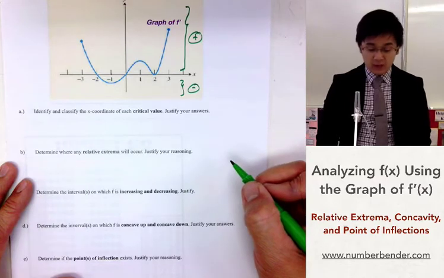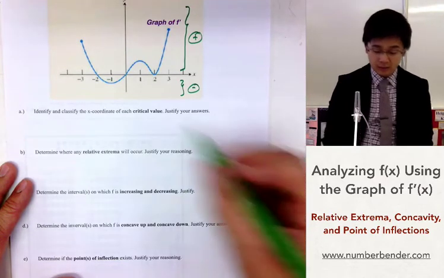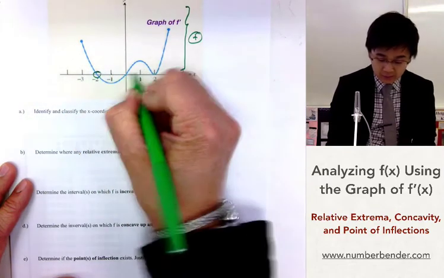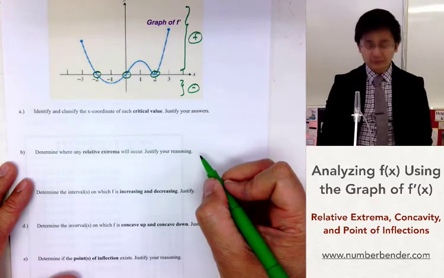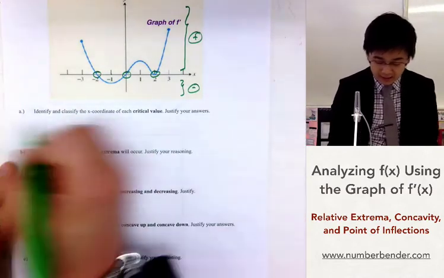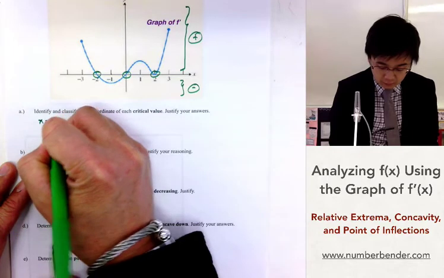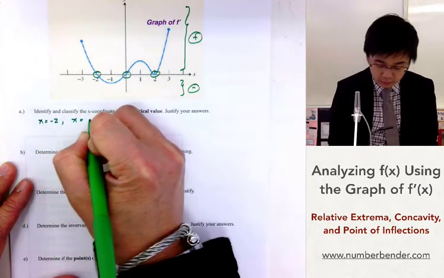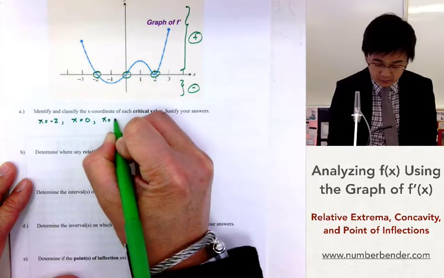Now let's identify the critical value, and the critical value lies on the x-intercept of your f prime graph, and we can say that the critical value will be at x equal to -2, x equal to 0, and x equal to +2.